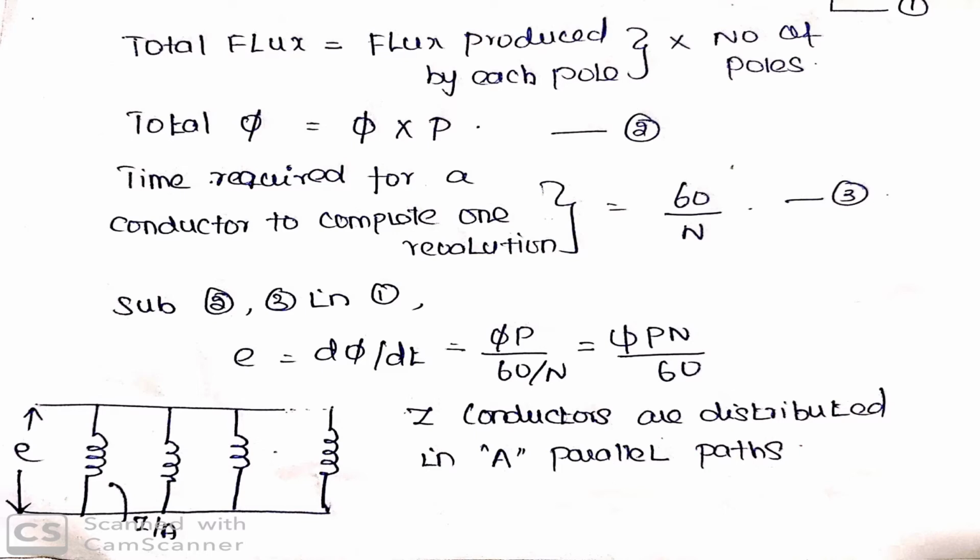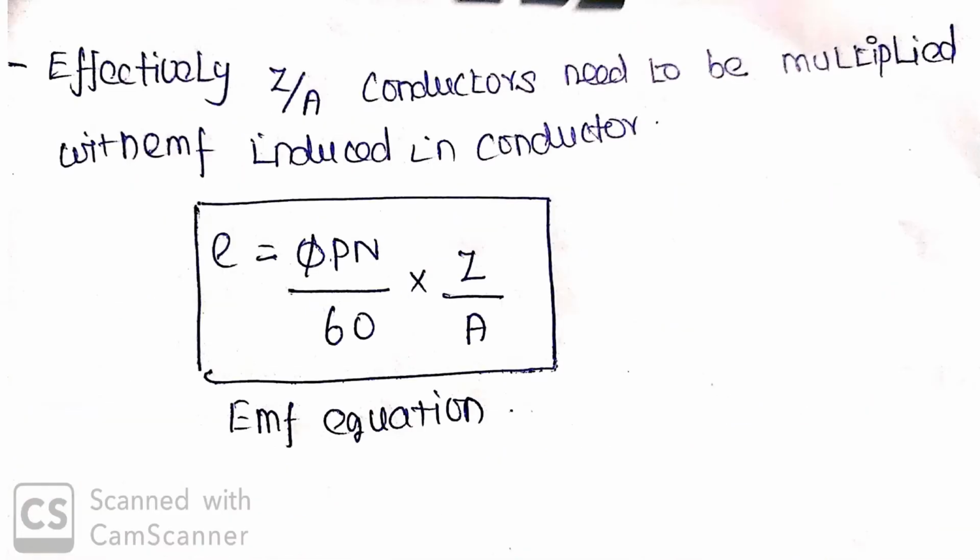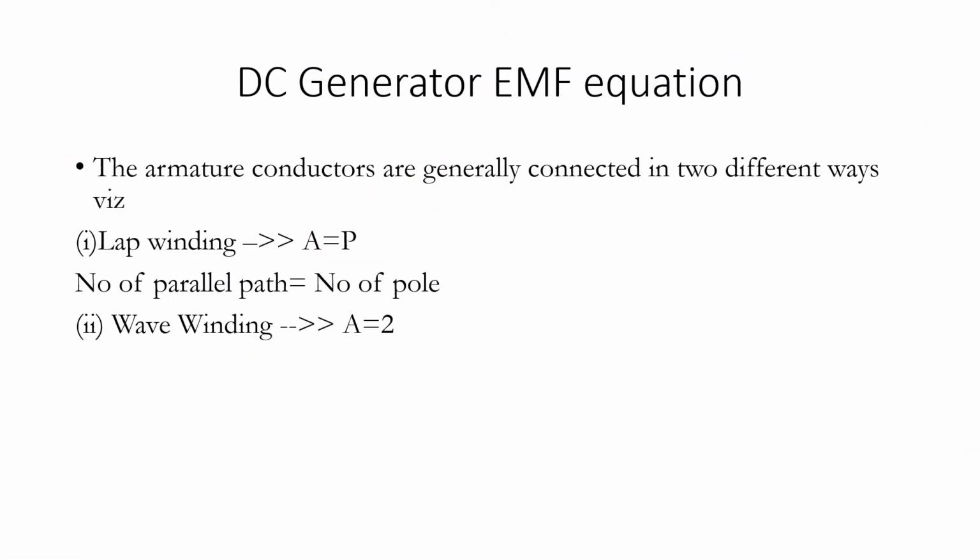So we have A parallel paths and Z conductors distributed over the circuit. Effectively, Z by A conductors need to be multiplied with the EMF induced in the conductor. So the EMF equation is φPN divided by 60, multiplied by Z divided by A. This is the EMF equation of the DC generator.